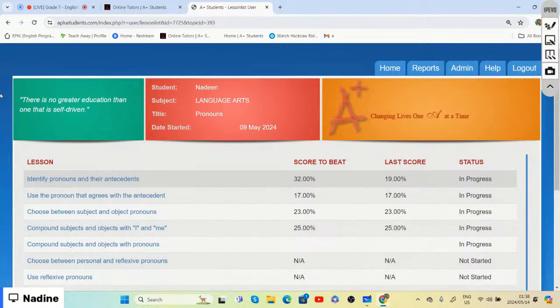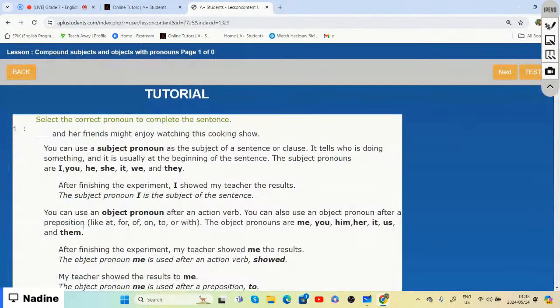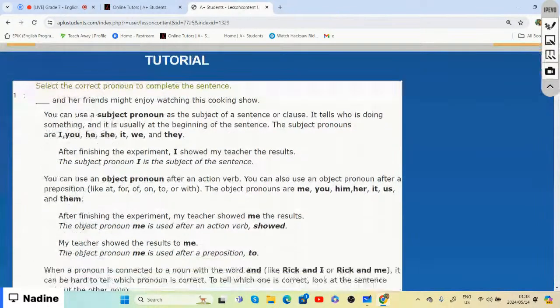All right, so now we're going on to compound subjects and objects with pronouns. And we said you can use subject pronouns as the subject of a sentence or clause, and it tells you who is doing something.